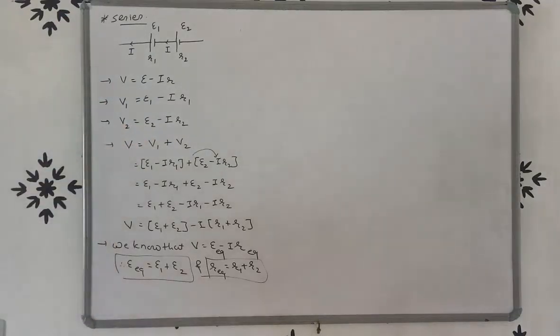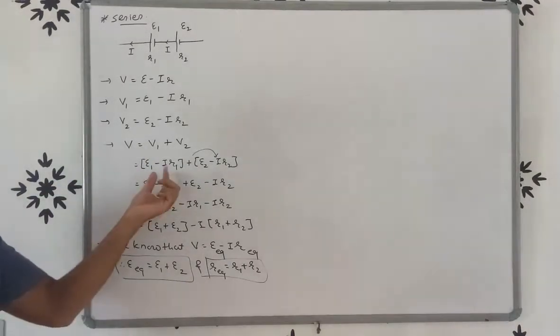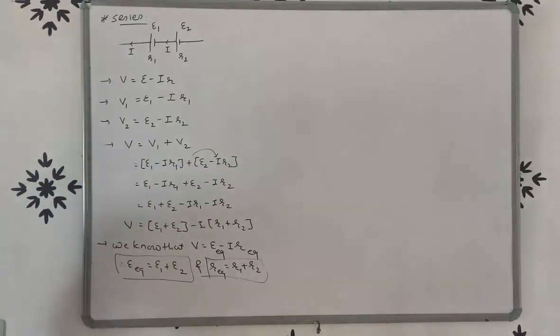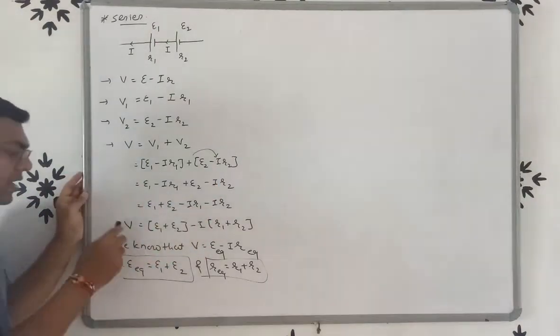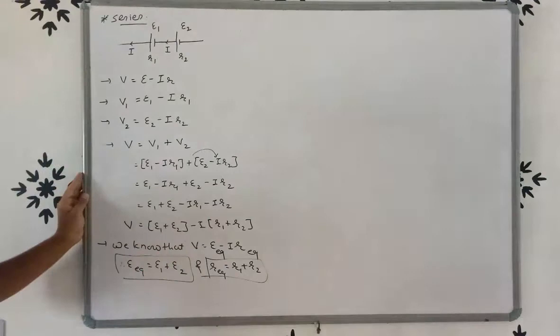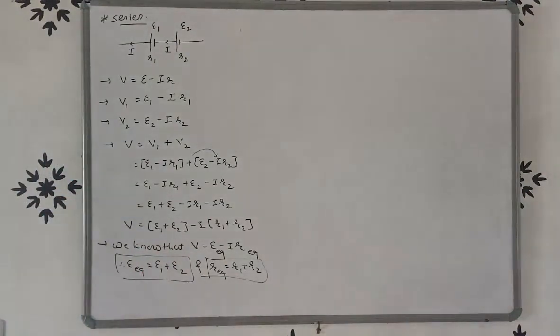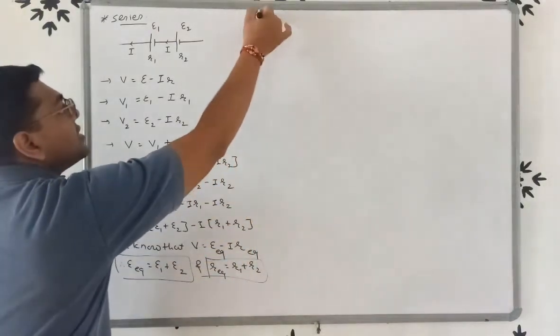So total potential V is equal to V1 plus V2. We put the values of V1 and V2, take I common, and compare with V is equal to E equivalent minus I R equivalent. So we get E equivalent is equal to E1 plus E2 and R equivalent is equal to R1 plus R2. Right, so you have to remember this equation.